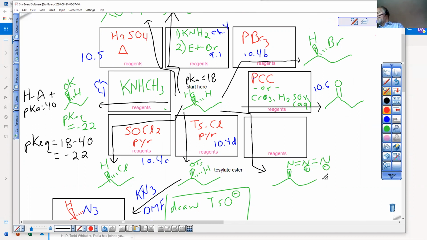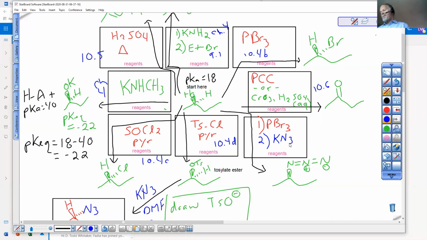So step 1, you can use PBr3 or SOCl2 and pyridine. And step 2, you can put KN3. And just for educational purpose, what's another polar aprotic solvent?